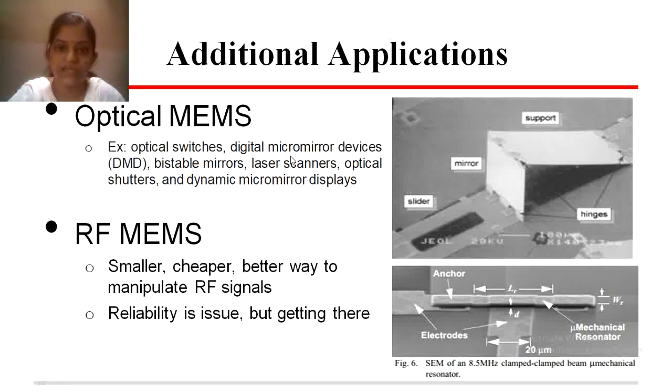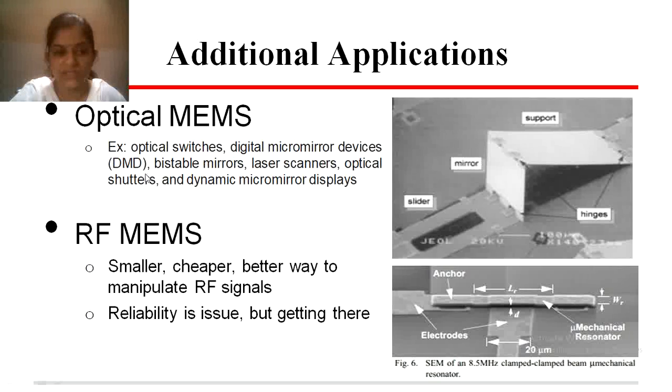Then again there are additional applications of MEMS. Optical MEMS are there. Then radio frequency MEMS are there. For example, optical switches, digital micromirror devices, bistable mirrors, laser scanners, optical shutters, and a dynamic micromirror display. If you see here, the mirror, supporter, slider, these also are nothing but optical MEMS.